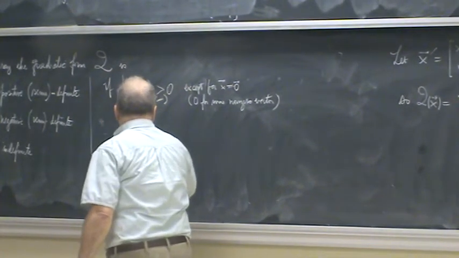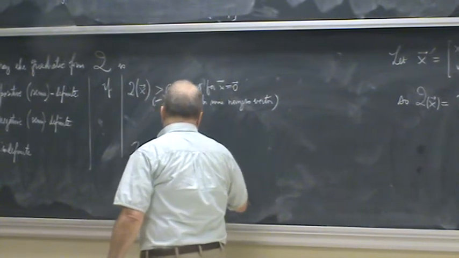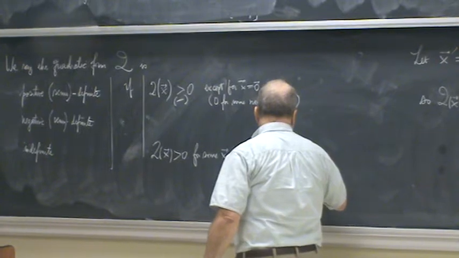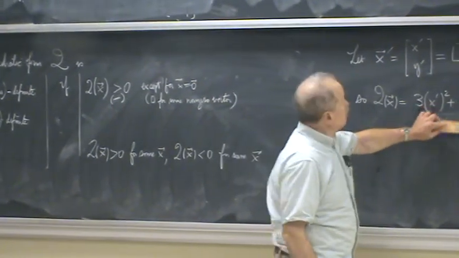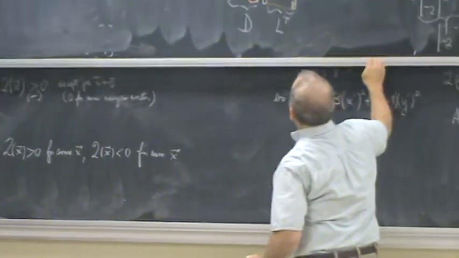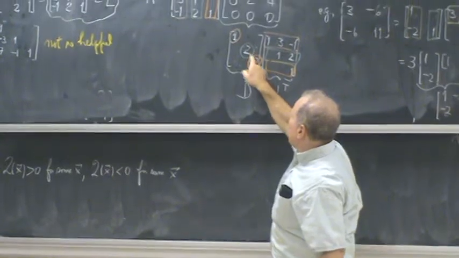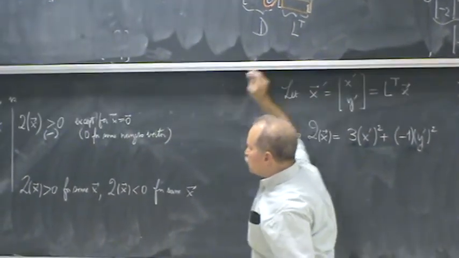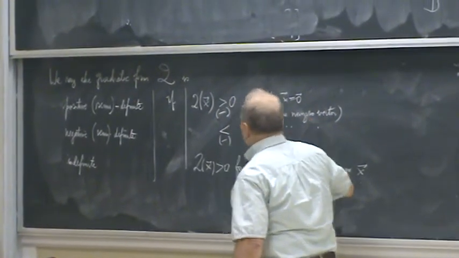Q of X is positive for some x's and negative for some other x's. That's indefinite. That's what this one was. This guy is positive semi-definite because of the 0 here, but these are positive. And negative, you just switch this to this and then put an or equal.